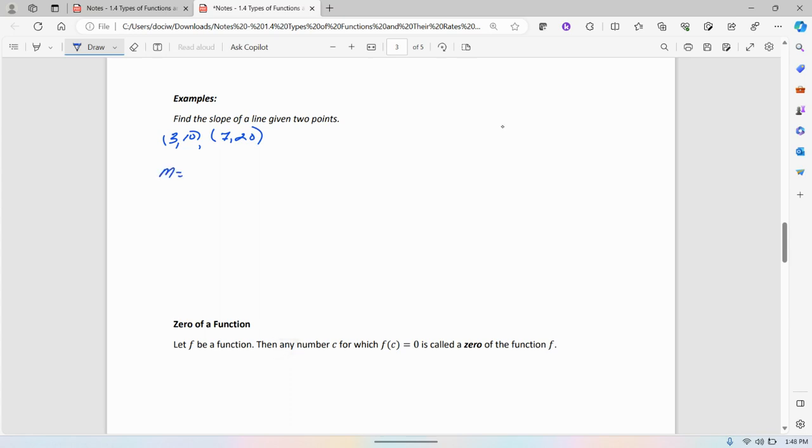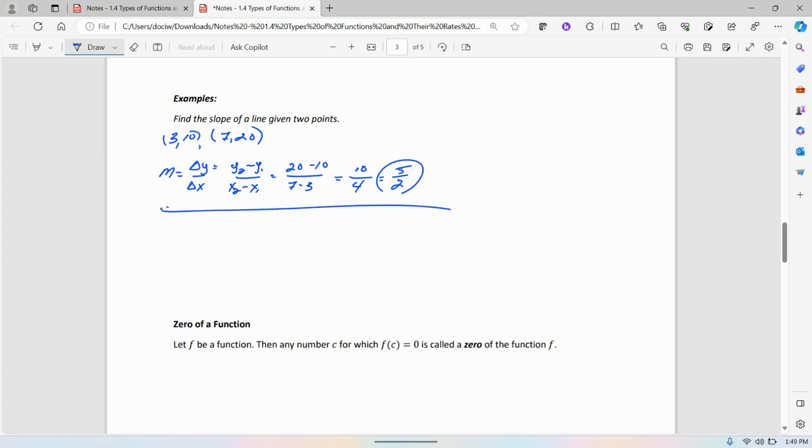That slope is going to be the change in y, or the difference in the y values, 20 minus 10, divided by the change in the x values, which is the difference in the x values, 7 minus 3. 20 minus 10 is 10. 7 minus 3 is 4. Now that fraction, 10 over 4, can reduce to 5 halves. We would have a slope of 5 halves.